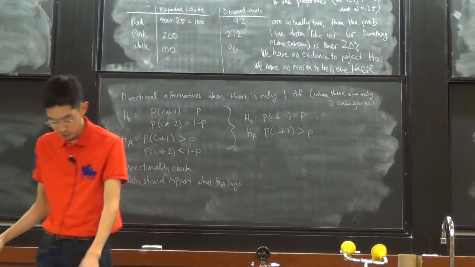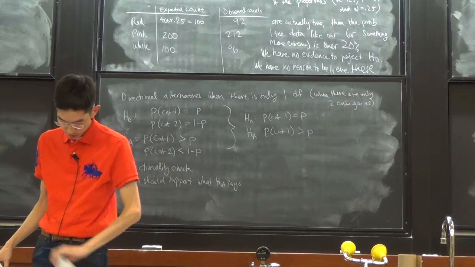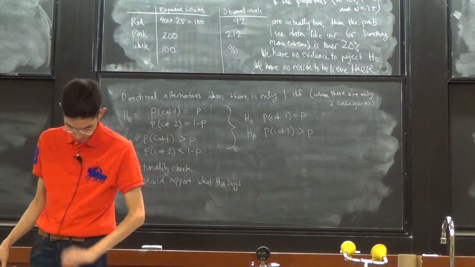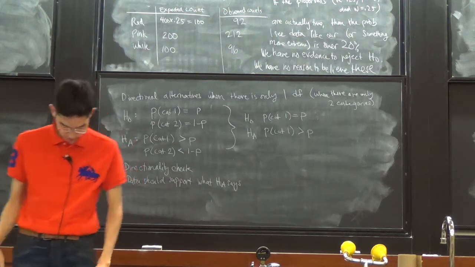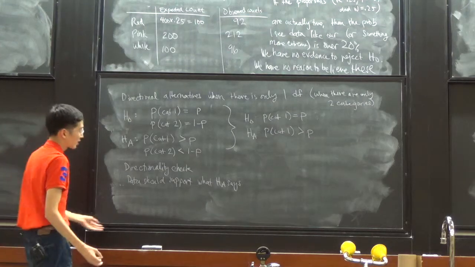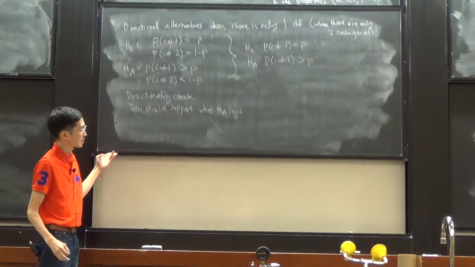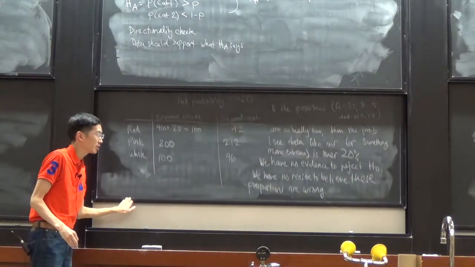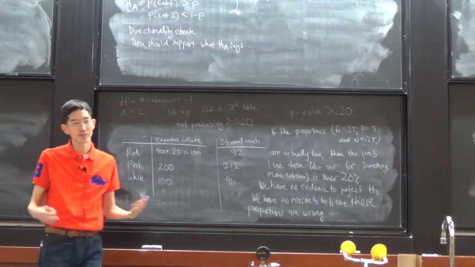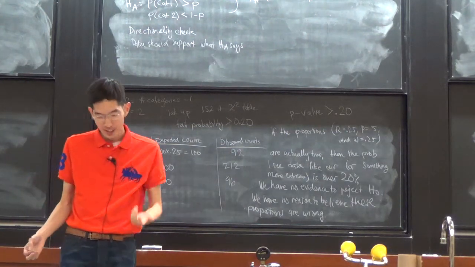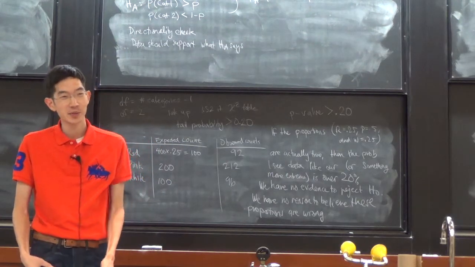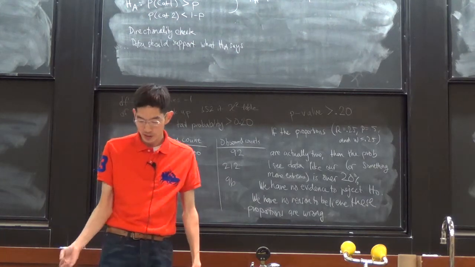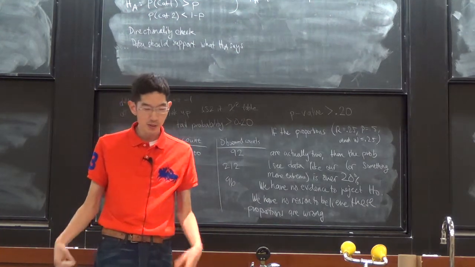Okay, so let's try an example. This is an interesting example, and this was a real study. They wanted to know, can we as people kind of influence when we die? To study this, they looked at a bunch of old people.